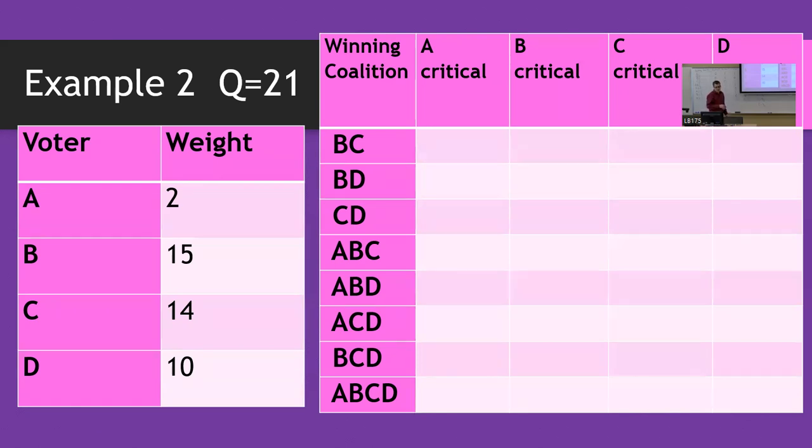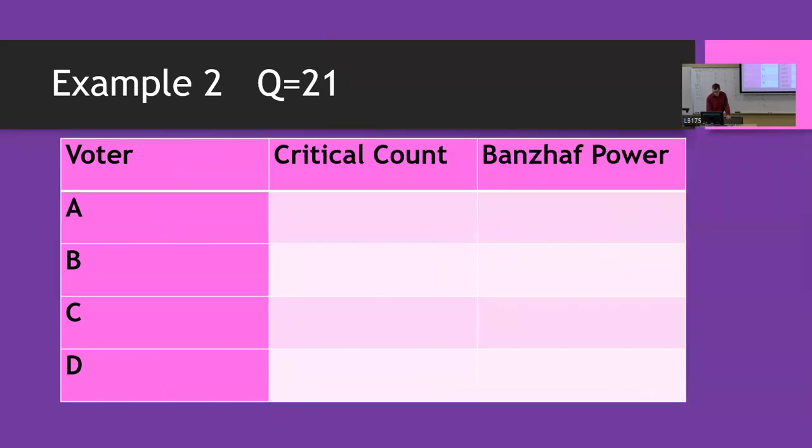Or any of them. So make sure that you list out all the winning coalitions. And then I put 0 or 1 for if they're critical or not. 0 if they're not critical, 1 if they are critical. That way, when I add things up, I'm just adding a bunch of 1s and 0s. It's pretty easy to add up. Okay?